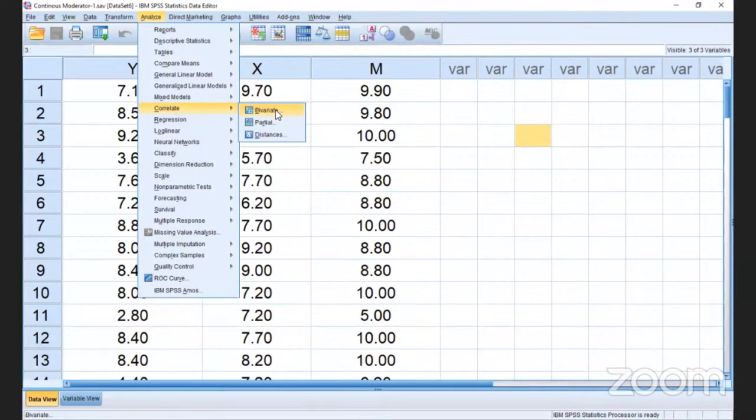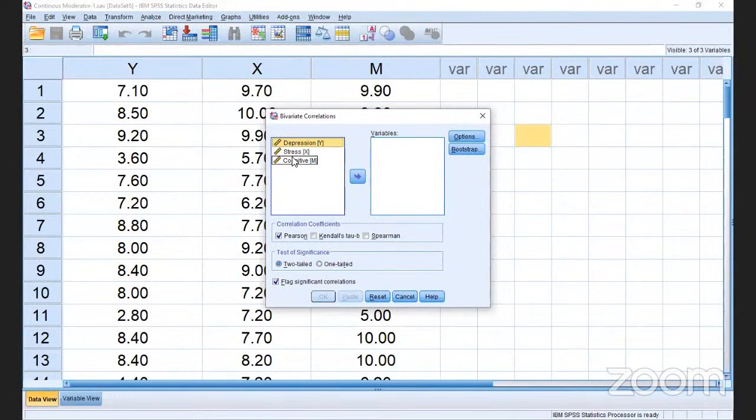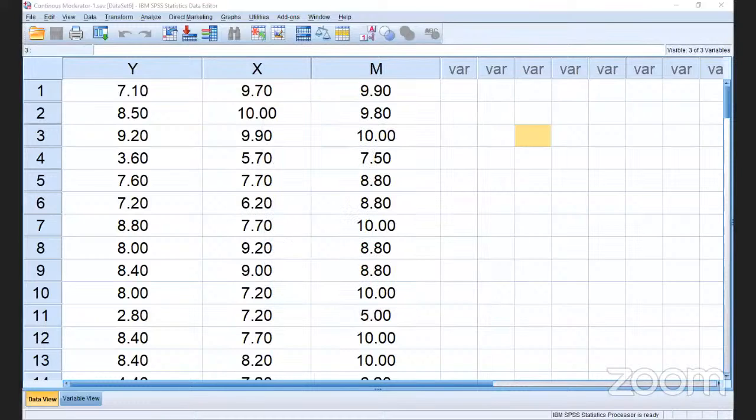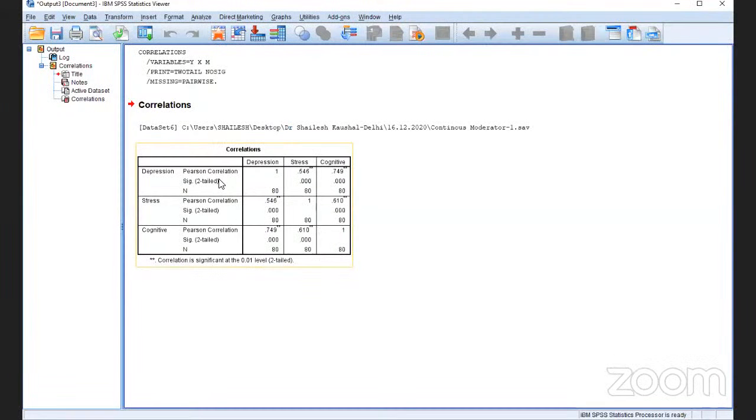Then we transfer all the three variables here, and we want to see the Pearson correlation table, and then OK. After OK, I'm showing you the output, so we can see the output. Here we can see all the three variables have a positive correlation.